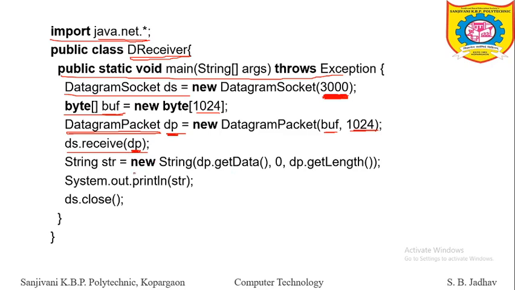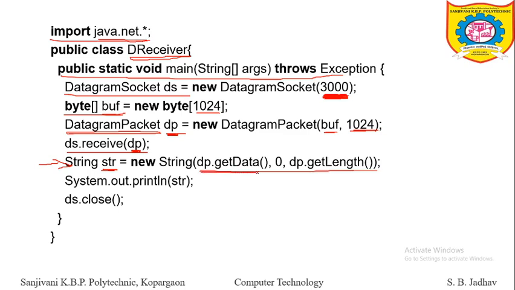Next we want to print this data contained in the dp. For that purpose we need some conversions, as we have seen that this data is sent in terms of bytes, so that needs to be converted to a string. So in the next line we are converting the byte array to a string object. For that purpose we have used the string constructor which accepts three parameters.